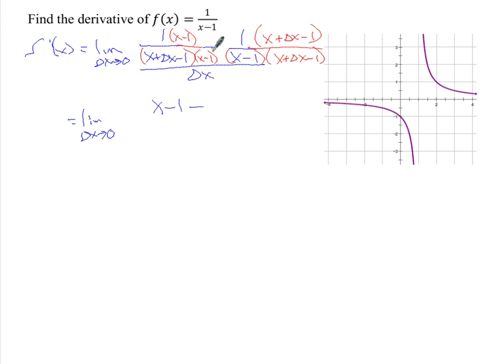Okay, so we got the minus sign there. It's being distributed into this whole thing, so minus x plus 1, all divided by x plus delta x minus 1, parentheses x minus 1, all over delta x. Good.